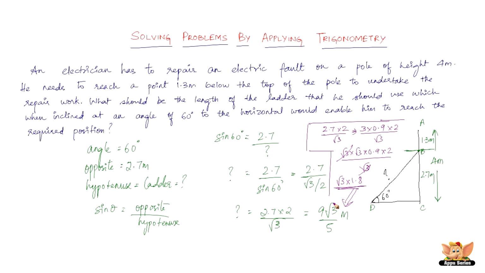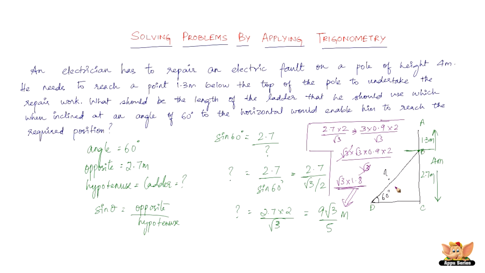That's why we do so many steps in between. You can simply write this as 2.7 times 2 is 5.4, so 5.4 by root 3 is much simpler than this. But then, you don't write a number under the root in the denominator. You have to write it in the numerator. And that's why we solve these steps.